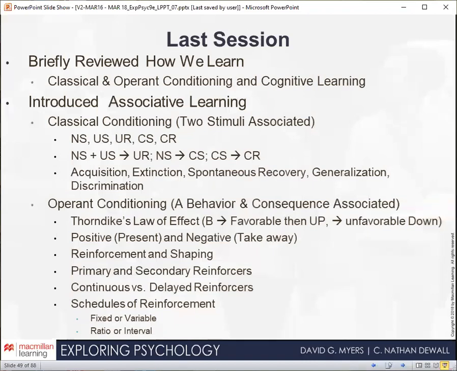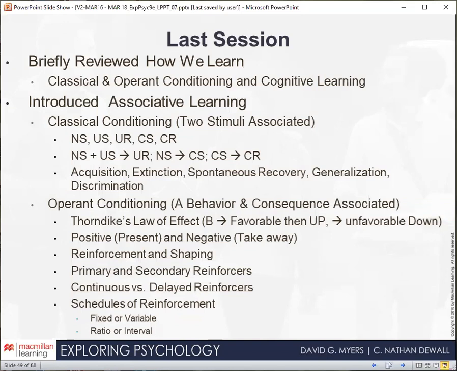Now, once we have conditioned that stimulus to bring about a response, we can then extinguish that particular bond or that behavior. All we have to do in this case is just keep presenting the conditioned stimulus again and again and again without reintroducing the unconditioned stimulus, the food. After a while, that bond between the CS and that response becomes weaker and weaker.